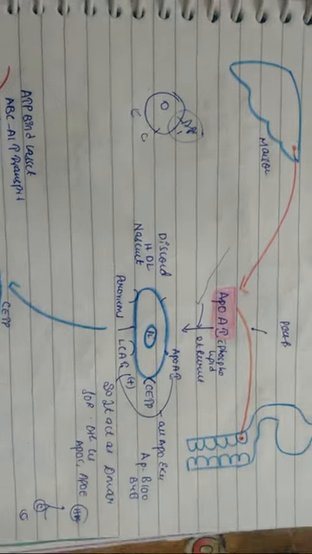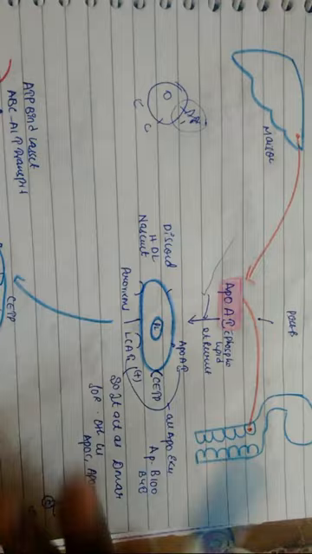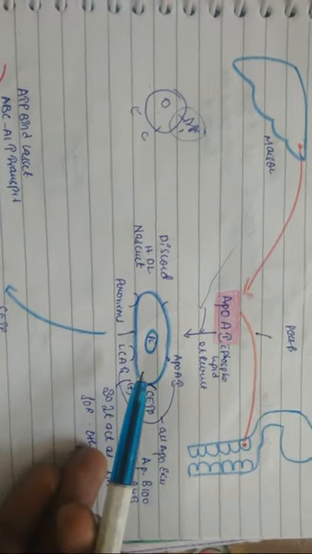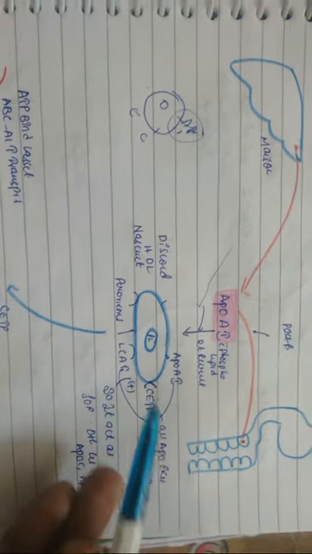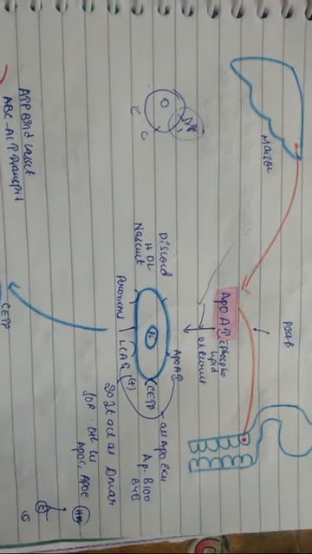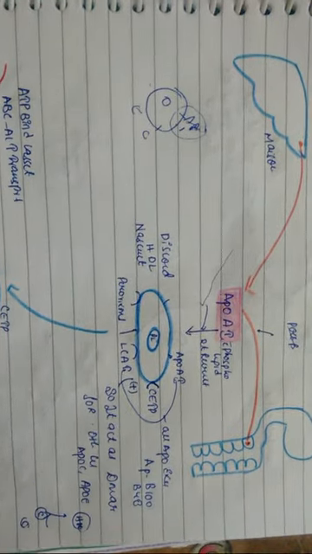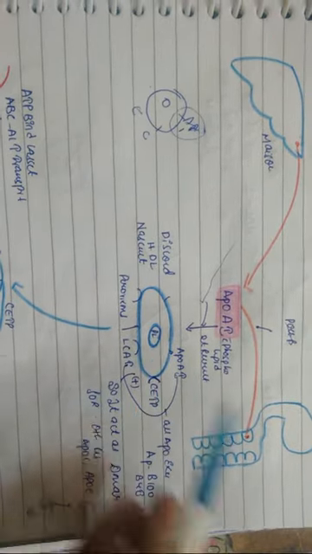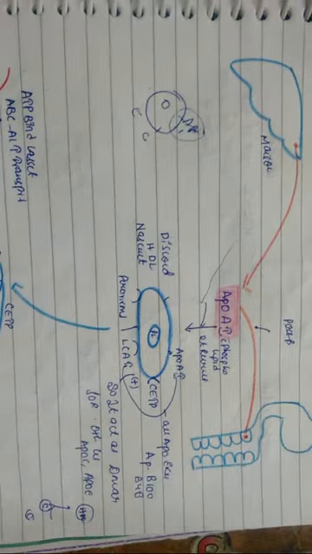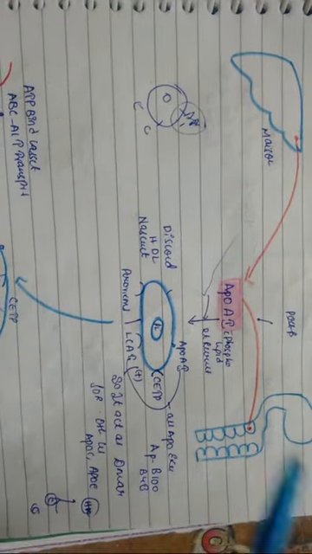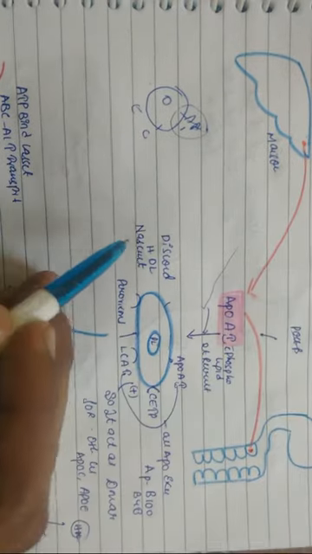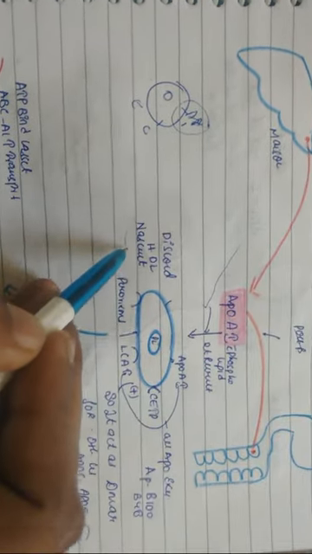Now if you see the structure of HDL here, it is looking flat, so we call it discoid HDL. Observe carefully why it is discoid HDL: right now in the core you don't have triacylglycerols or cholesterol esters, because it is newly synthesized, hence it is also known as nascent HDL.